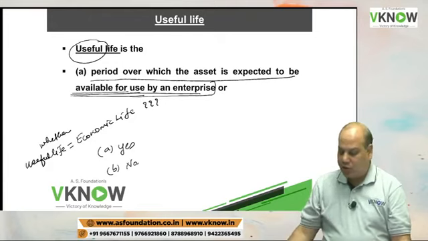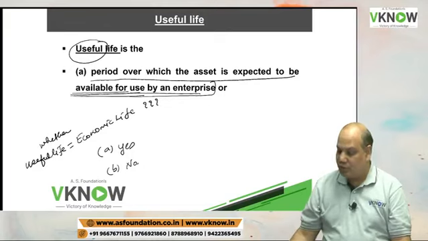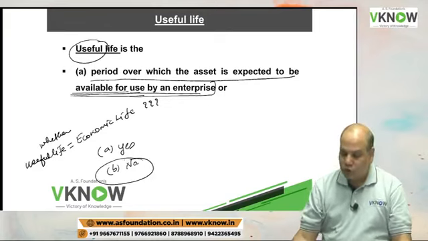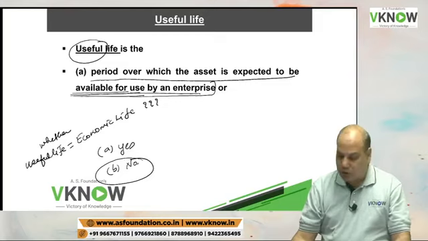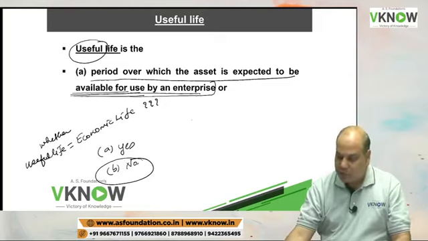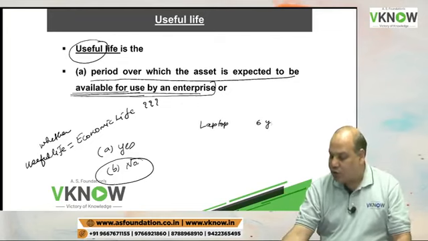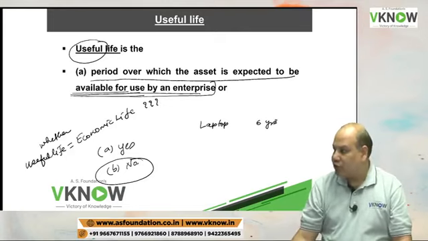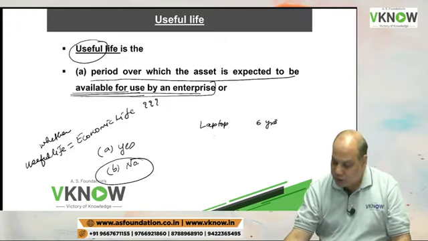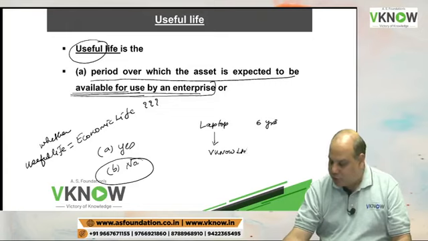The answer is, come on, useful life is not equal to economic life. Why? Let us see. This laptop which I am using can be used for 6 years technically, but Vino Limited is going to use it only for 3 years.